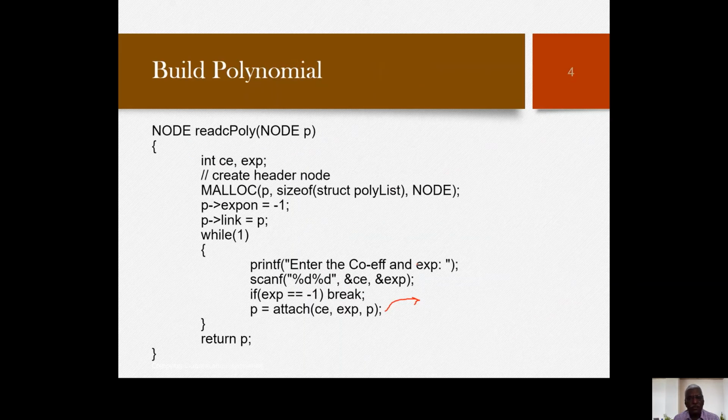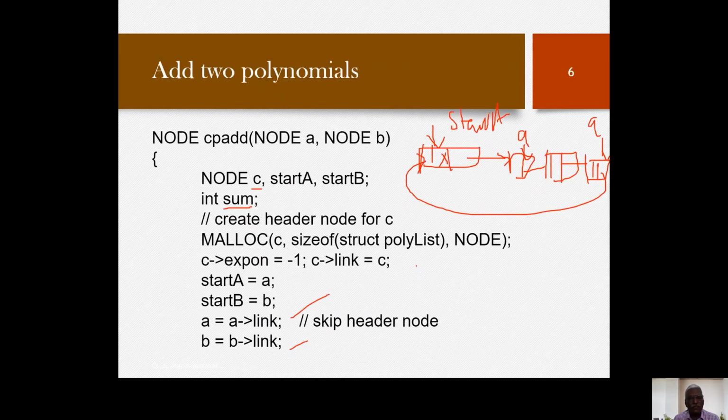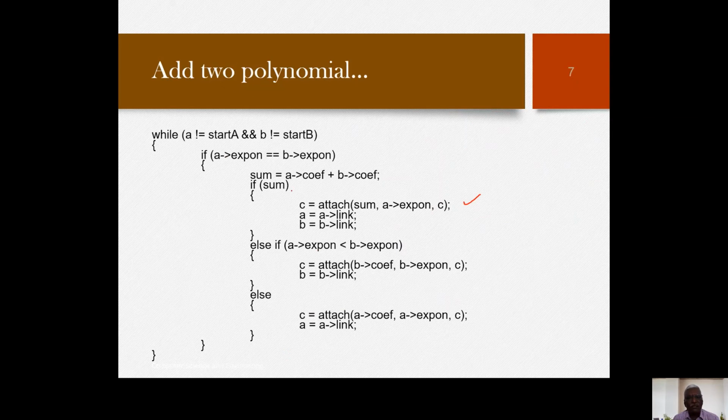No. So we'll be doing the addition only when the exponents are same, then we will add the coefficients. Else, which pointer variable is having the lesser value? So if A is having a lesser value, attach that other corresponding node.